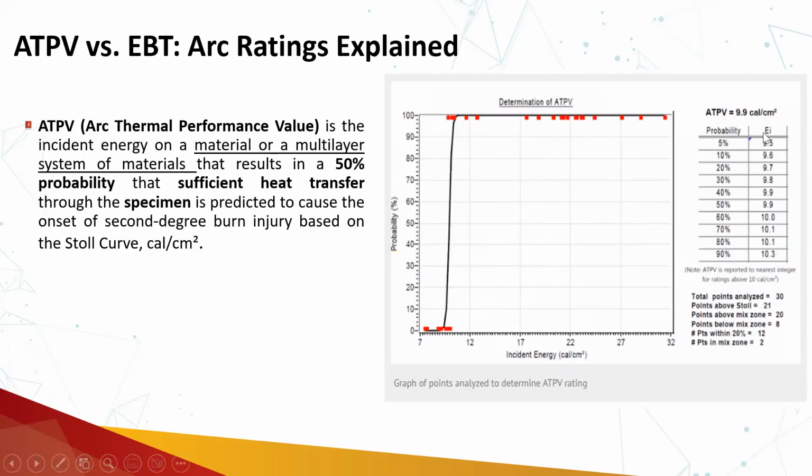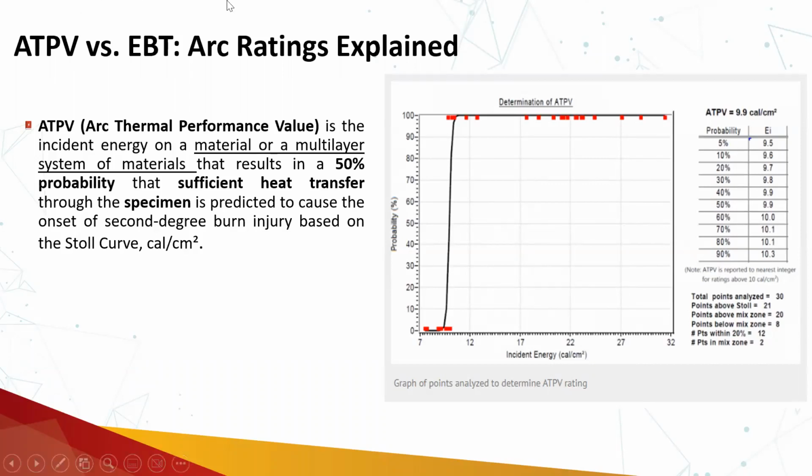It was determined that when this particular piece of specimen is exposed to 9.9 cals per centimeter square of incident energy, 50% of the time there is a potential that sufficient heat will transfer through the specimen, and it will cause a second degree burn.